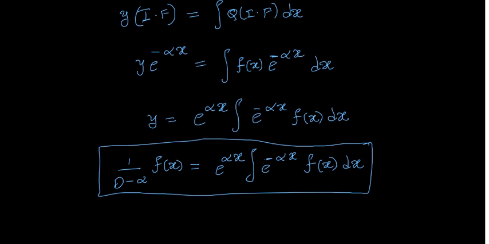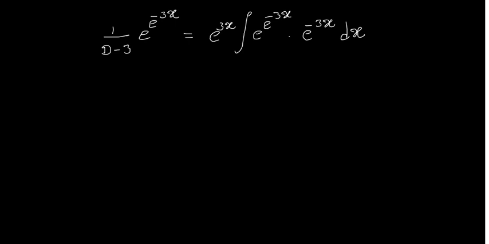In place of d minus alpha, I have d minus 3 there. So e power alpha x, that is e power 3x, integral f of x. F of x is e power minus 3x into e power minus alpha x, that is e power minus 3x, into dx. Right?